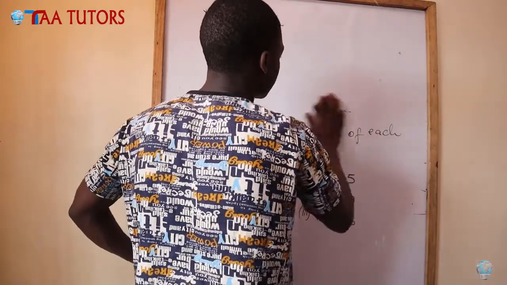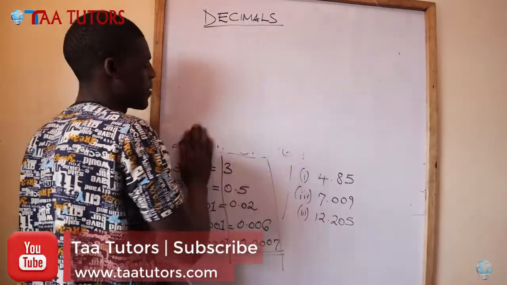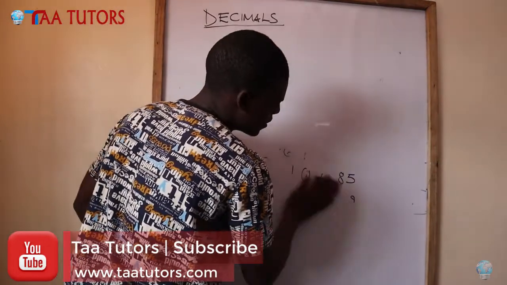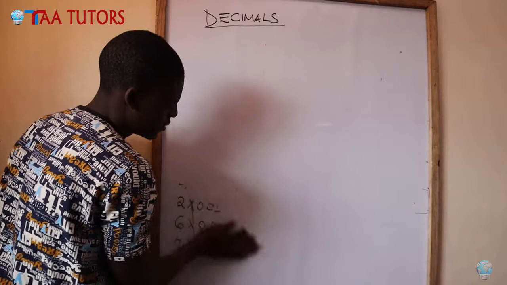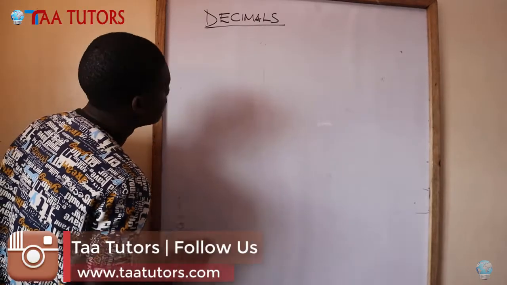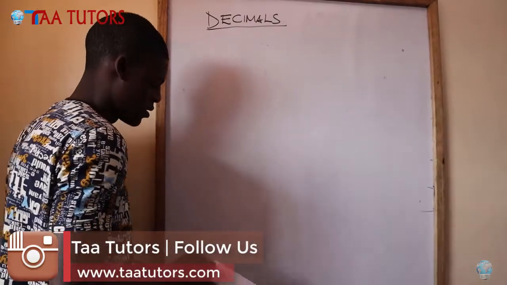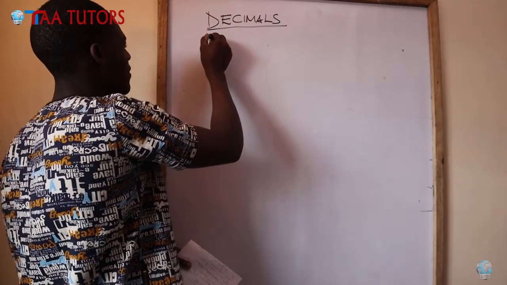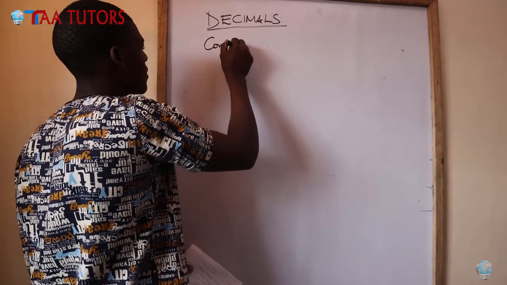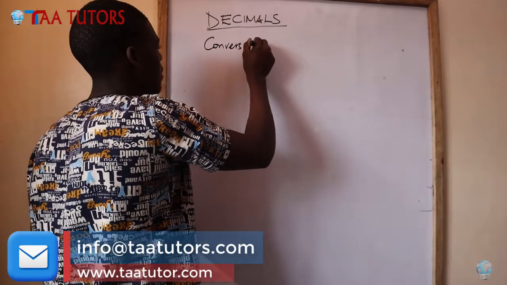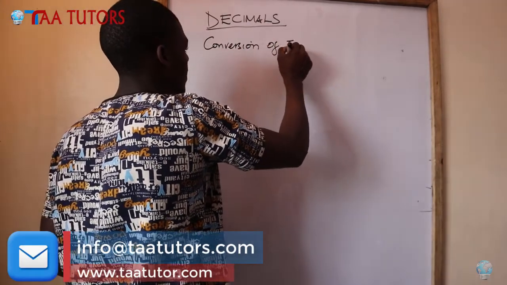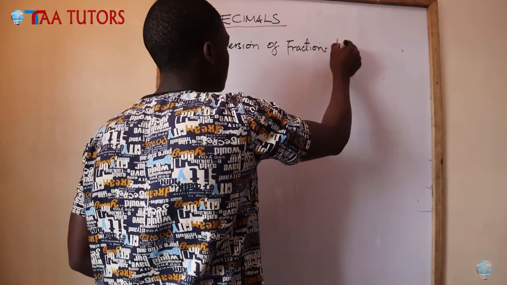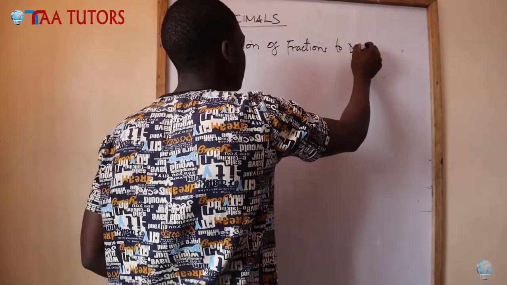We start with fractions to decimal, then we will check on the other way around. We have conversion of fractions to decimals.